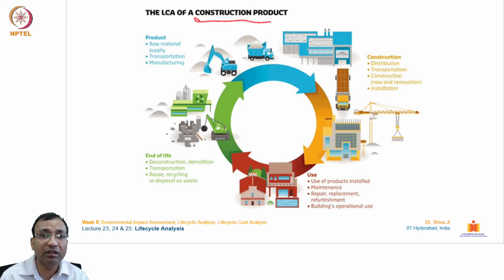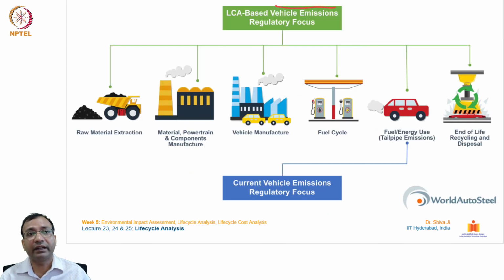Several sorts of installations take place. Then in the usage period, the use of the products installed, maintenance, repair, replacement, refurbishment. These are finer activities which take place during the lifetime of a building. And at the end of life, it goes for demolition, reusing, recycling, disposal as waste material. So this is how it comes to an end.